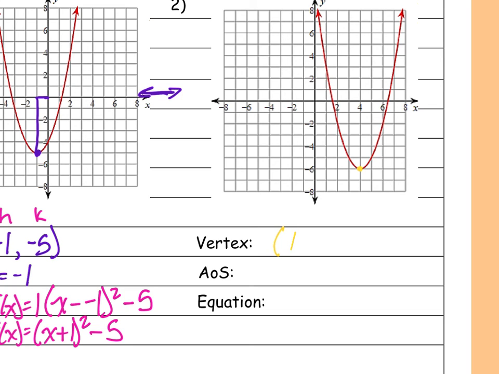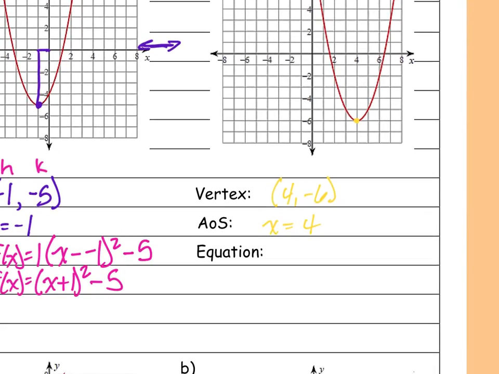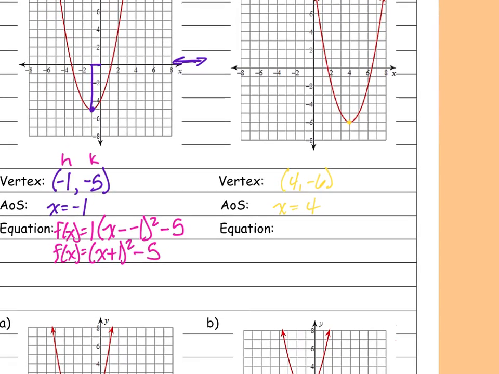So my vertex is 4, -6. My axis of symmetry is x equals 4. And then because it's opening up, a is 1.